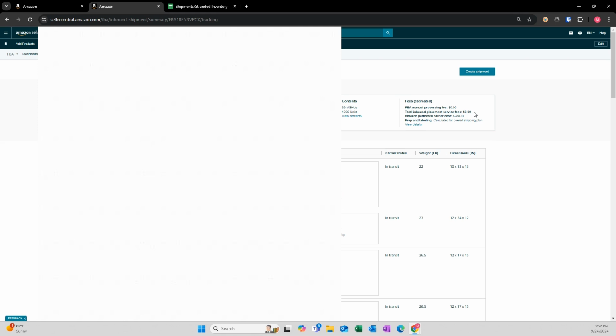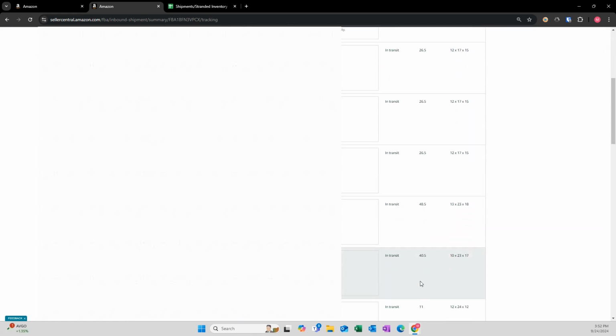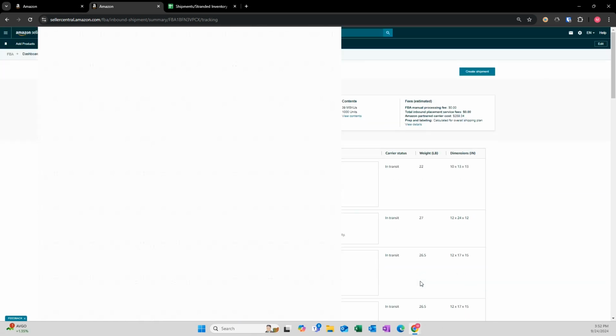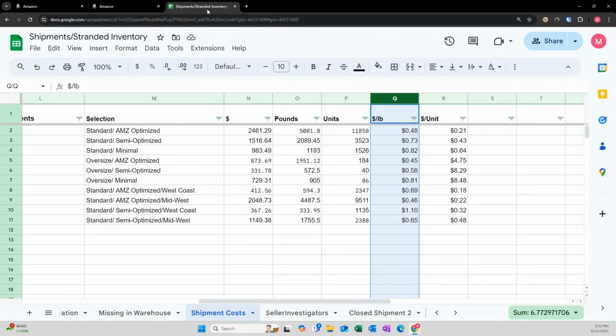A quick way to calculate this is just going to be to summate all of the weight of all the boxes here, which for us came to 591 pounds, and then taking the Amazon partner carrier cost, which in this case would have been $289 divided by the 591, so we finished out on this shipment around 49 cents. If we would have had the inbound placement service fees, we would have also included that, but again, this shipment here was the optimized shipments.